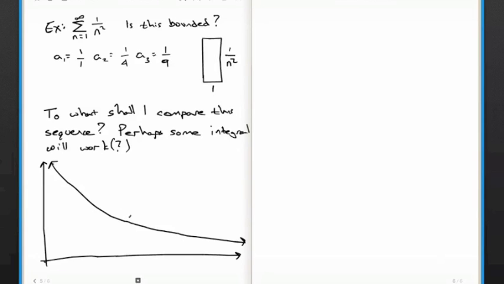This thing here is f of x equals 1 over x squared. And I could say that this is 1 here, this is 2, this is 3, this is 4. I'm going to go way out here and add an n, and this will be n plus 1.